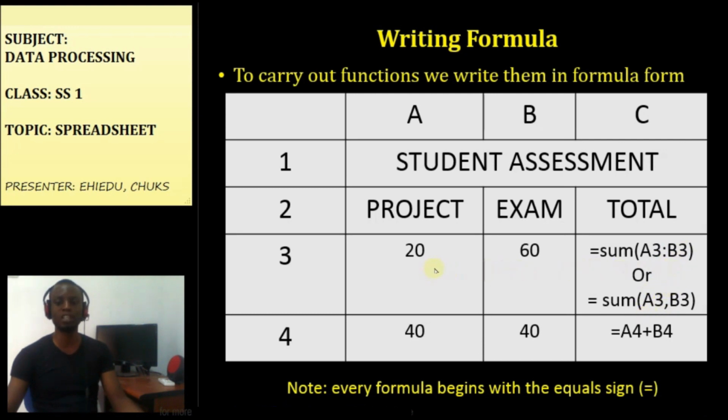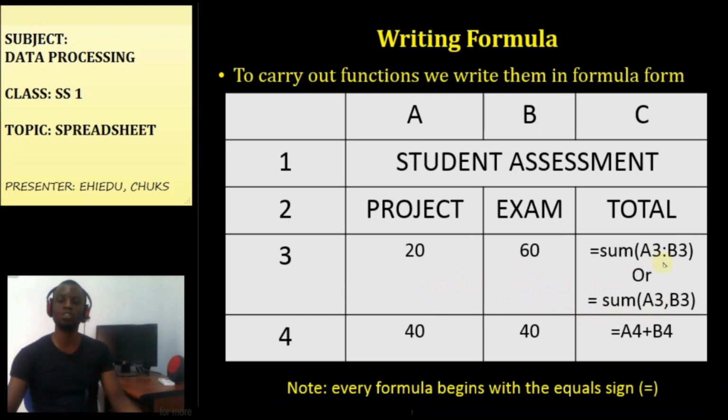But when you are taking a range, for example 20, 60, let's say we want to add this 3. If this 3 is to be one of the scores you're adding, 3, 20, 60, you're adding everything there, you use a colon. But if you're going to be adding just 3, skipping 20 and 60, meaning 3 plus 60, you use a comma.